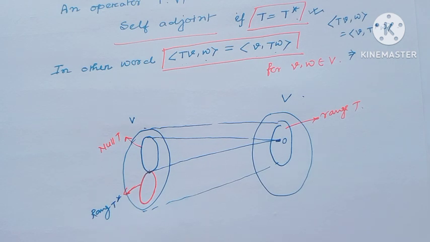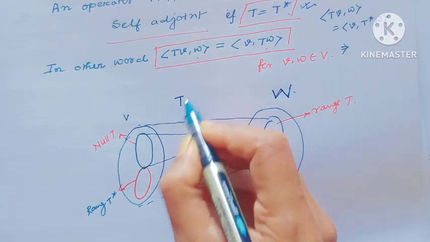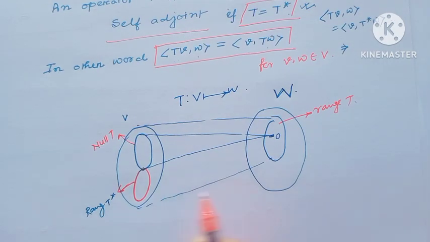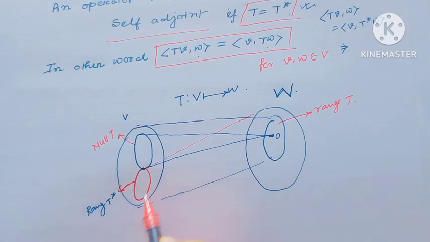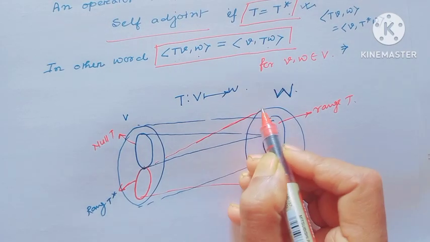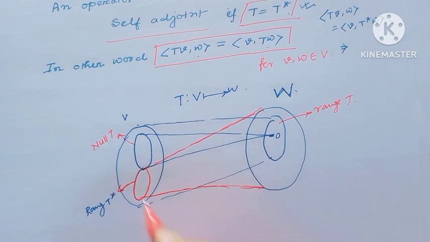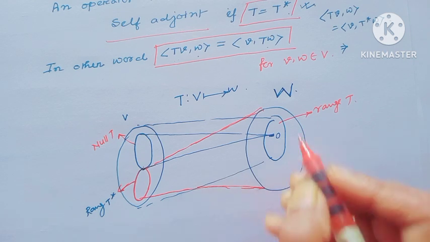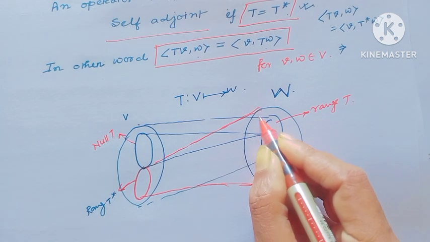Sorry, here the space is W, and the operator T is from V to W, and the range of T star maps into V. The orthogonal complement of the range of T is the null space of T star.